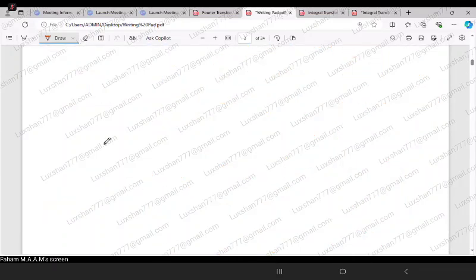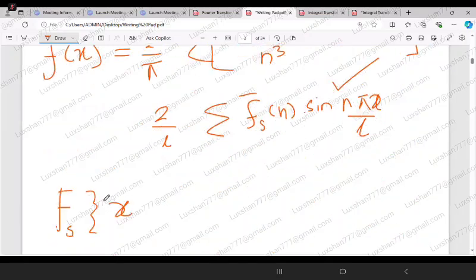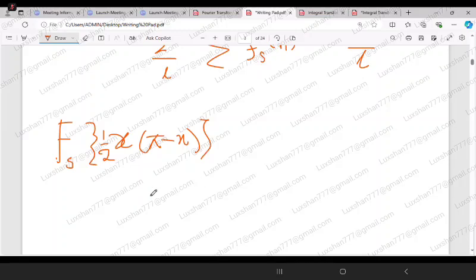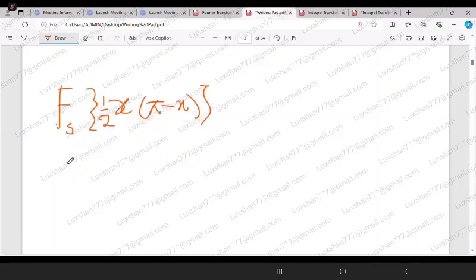So let's find the finite Fourier sine transform of the function half times x into (pi minus x). So according to the definitions, we know that this is equal to, the range of the function x is this one, no?